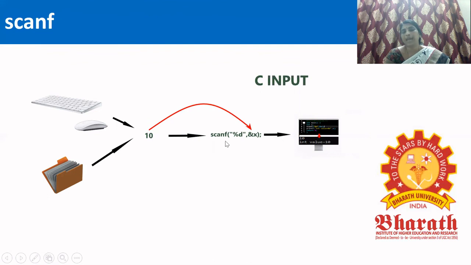We need to give scanf, as we have already indicated, integer is defined by %d, and then we need to give the address of x, where x is the variable that has already been created to store this particular value. When you give it like this, the system understands that the user has typed 10 and the 10 will be stored in x. This is how the input is received from the keyboard to the program.